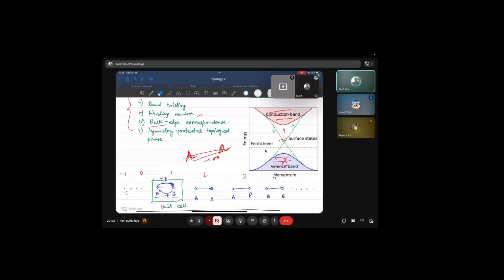This is called bulk edge correspondence, which I planned to cover but couldn't, as time is not there. Then there is also symmetry protected topology. These two things are not covered.